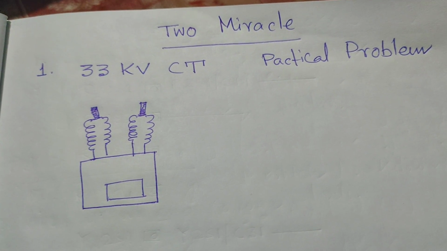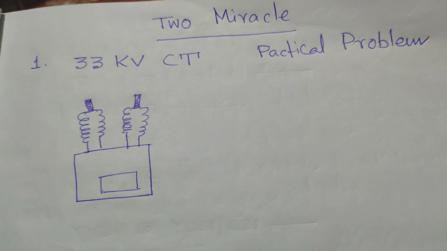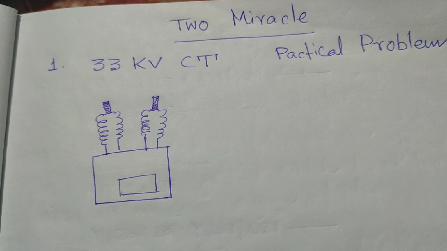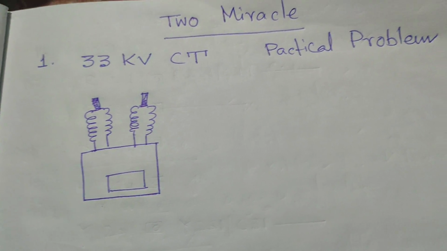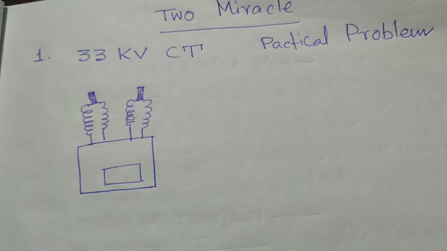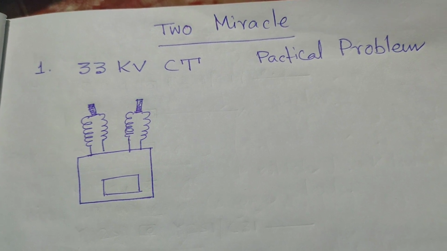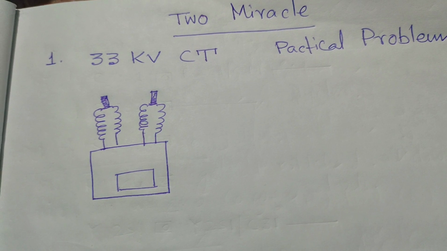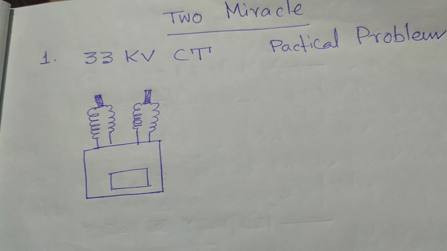After opening the lightning arresters, we got some low value, and the particular lightning arresters' megger value was very good, and after that we concluded that the problem had occurred inside the current transformers.